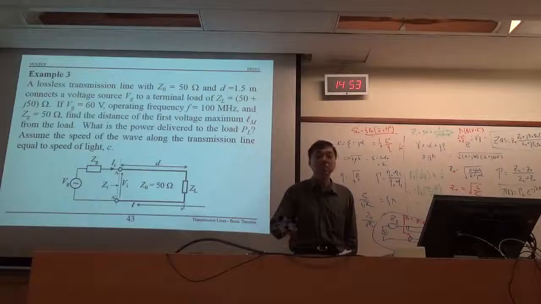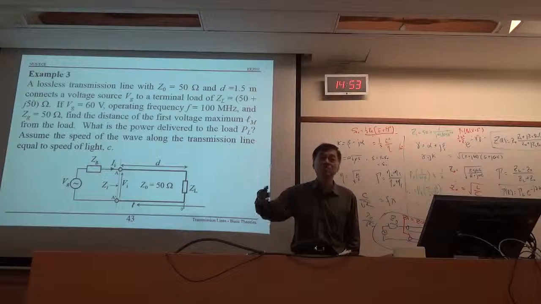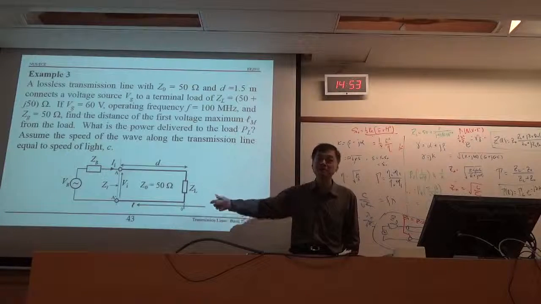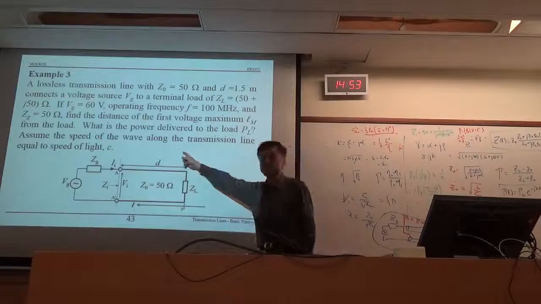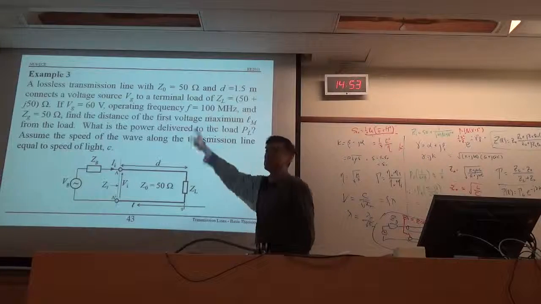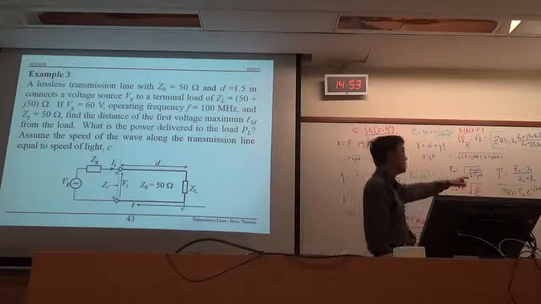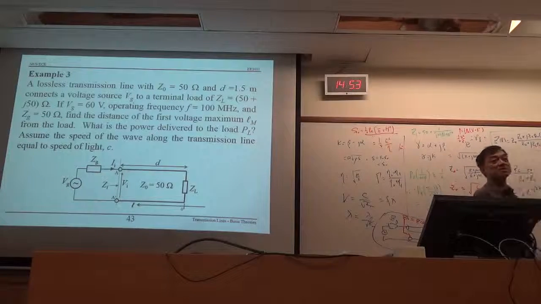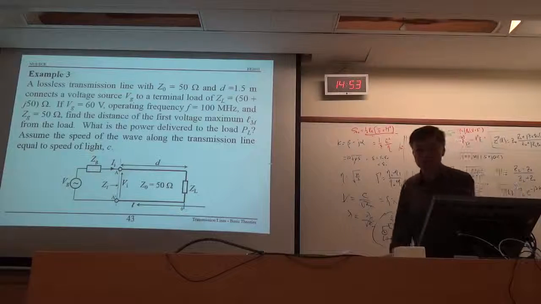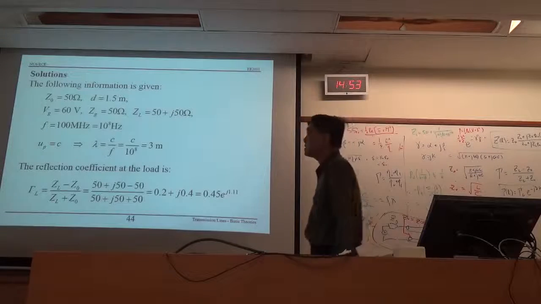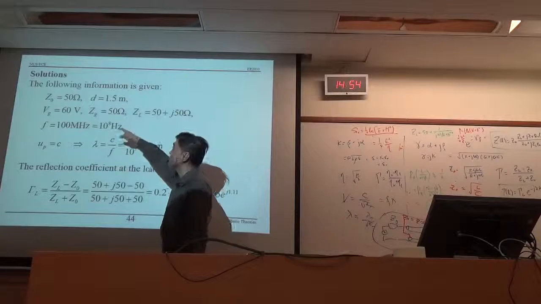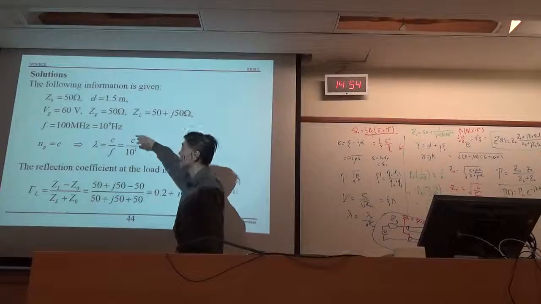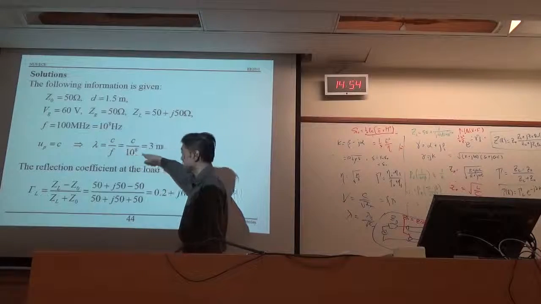It's not given in terms of wavelength. If it were given as 1.5 lambda, then you wouldn't need this information. But because d is given as a number, you need k equal to 2 pi over lambda. You will need the lambda. So Z0 is there, d is there, Vg, Zg, ZL, frequency, lambda.